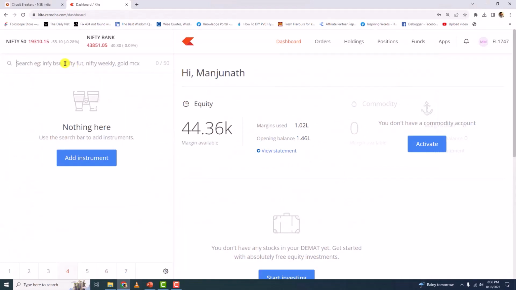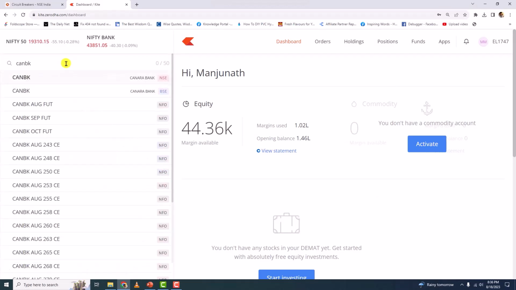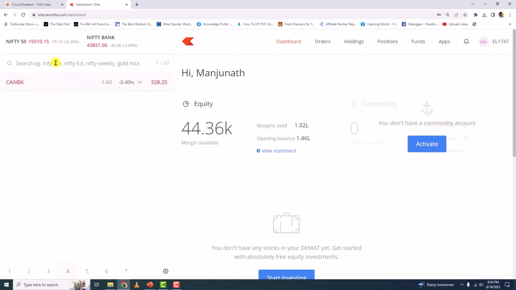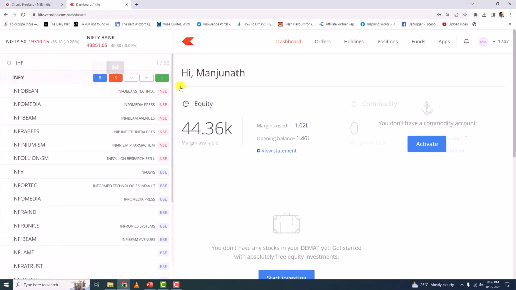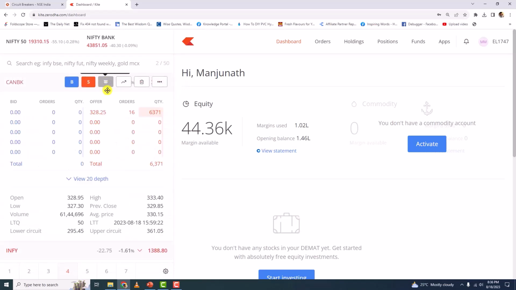So let me add Canara Bank. And let me add Infosys. So here if you click on market depth, it tells you what the lower circuit is.